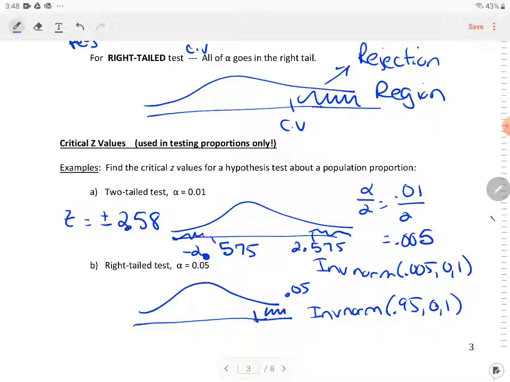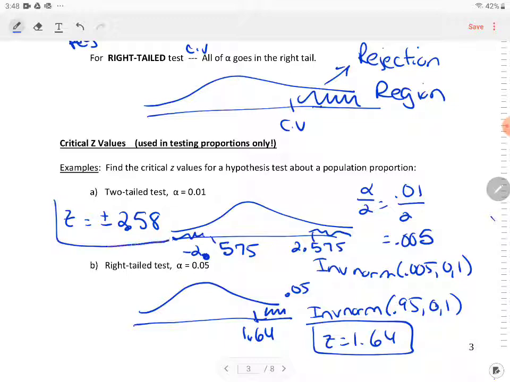The inverse norm always gives you area to the left. Giving us 1.64. So our critical value is z is equal to 1.64. So let's box that. So again, we want to remember the z values are for the population proportion.